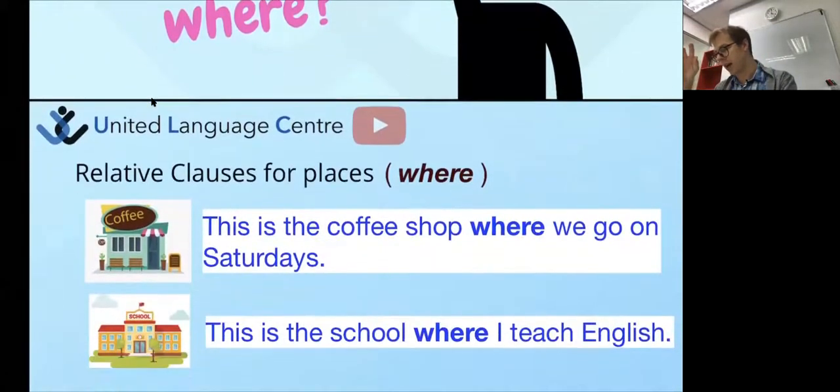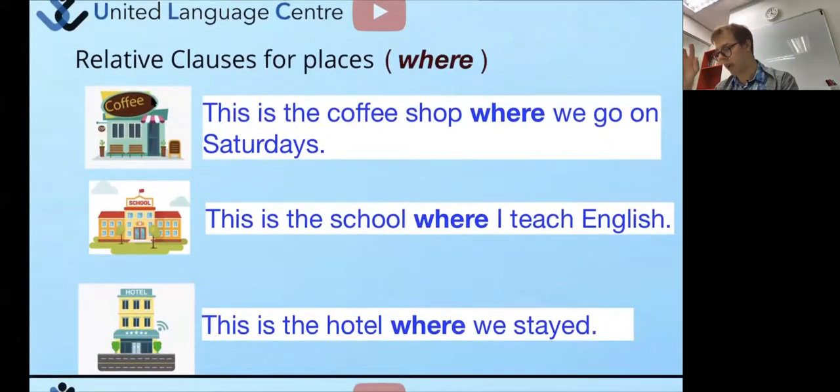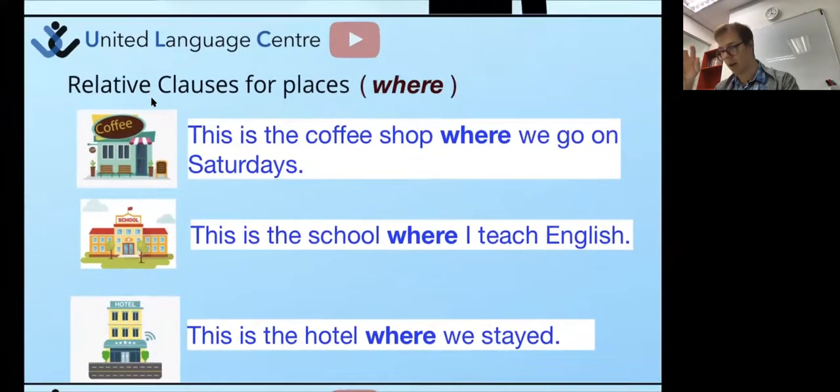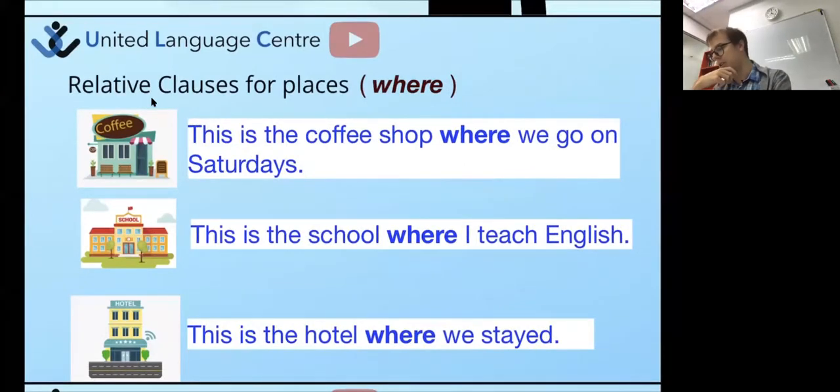First, I'm going to show you our normal where. I have the coffee shop. Here's a place. I'll say the coffee shop where we go on Saturdays. Or here's my school. This is the school where I teach. The coffee shop where, the school where, the hotel where we stayed.